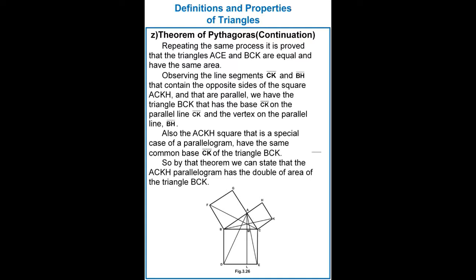So the triangle BCK has the base CK on the parallel straight line CK and the vertex on the parallel line BH. Also, the square ACKH, which is a particular case of a parallelogram, has the same common base CK as the triangle BCK. Thus, using the already mentioned theorem, you can say that the parallelogram ACKH has twice the area of the triangle BCK.